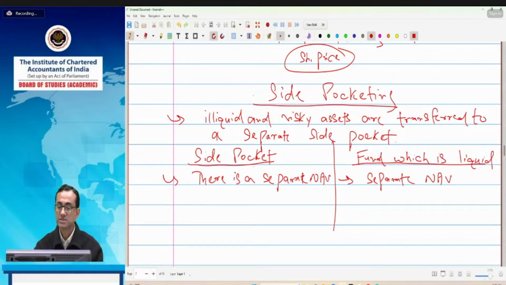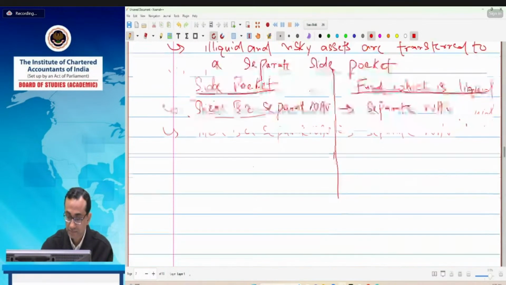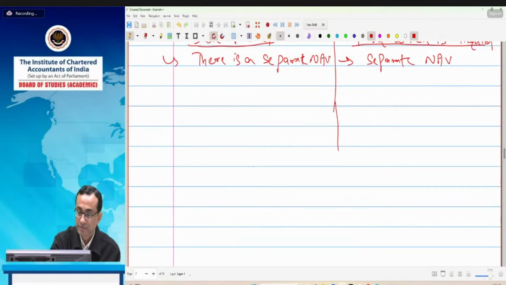So why is side pocketing done? The purpose of side pocketing is to actually benefit the retail investors. Sometimes what happens is the mutual fund manager invests in a particular company and the company is not able to give its return back. Let us take an example. Say these are various investors.